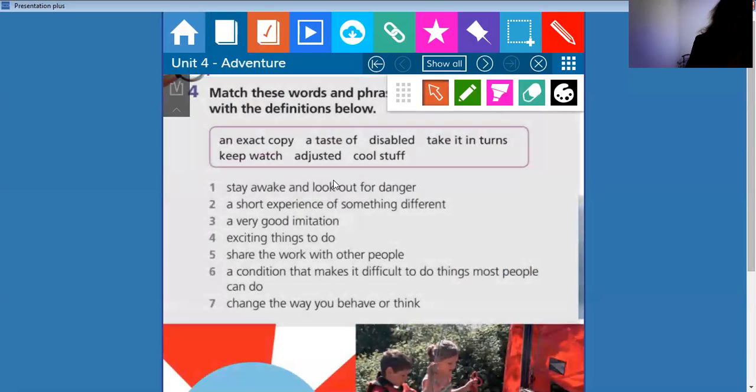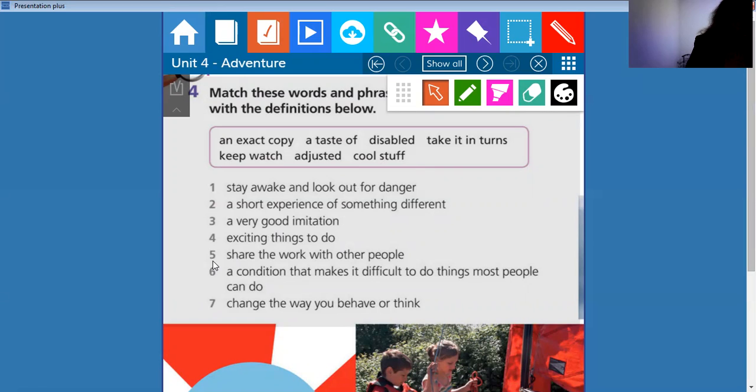Now we have to use here, keep watch. Number 2, a short experience of something different. A taste of. Number 3, a very good imitation. An exact copy. Number 4, exciting things to do.